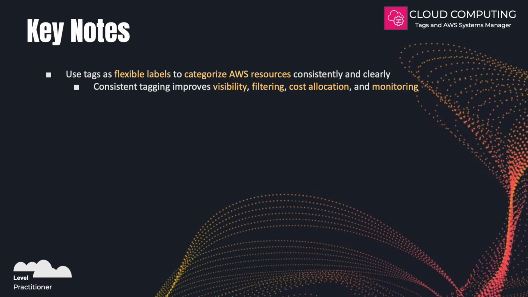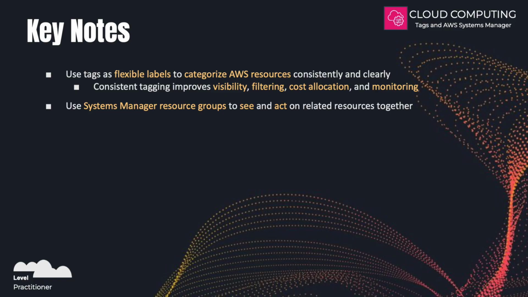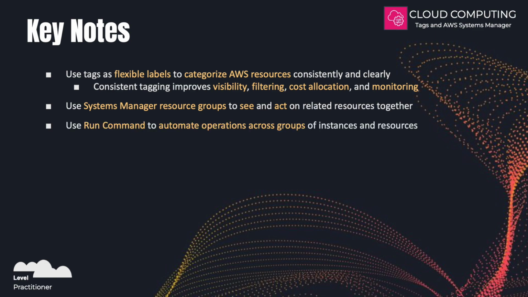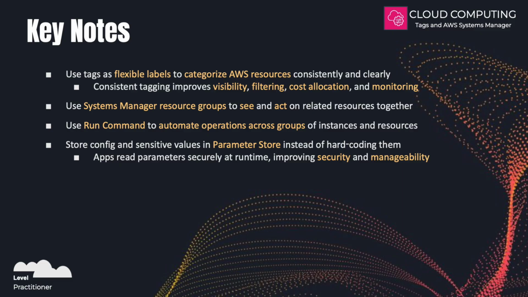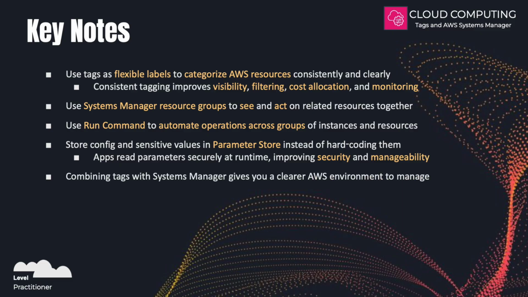AWS Systems Manager lets you work with resource groups so you can see related resources together and act on them as a group. Within Systems Manager, tools like Run Command let you perform automated actions on those groups, and Parameter Store gives you a secure place to keep configuration and sensitive values that your applications need. If you remember these correctly, you'll have a much clearer and more manageable cloud environment.